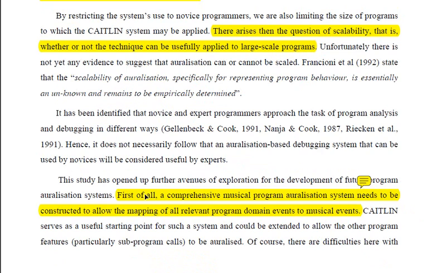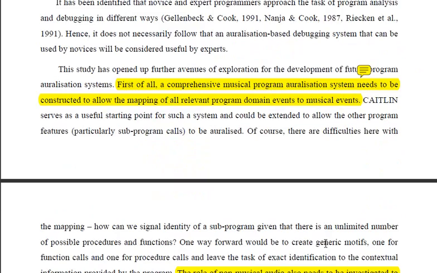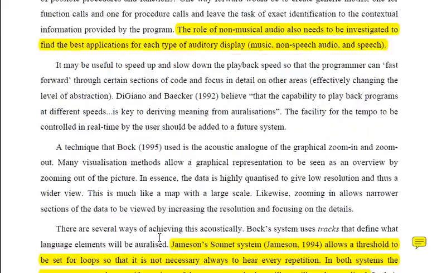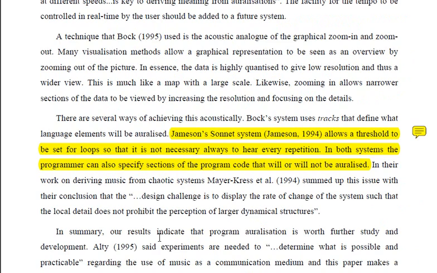And here again it talks of a comprehensive musical program oralization system needing to be constructed to allow the mapping of all relevant program domain events to musical events. I imagine that would be overwhelming, as I mentioned earlier in my critique. The role of non-musical audio also needs to be investigated to find the best applications for each type of auditory display. Yeah, I came across that point myself and was happy to see it in the conclusion.